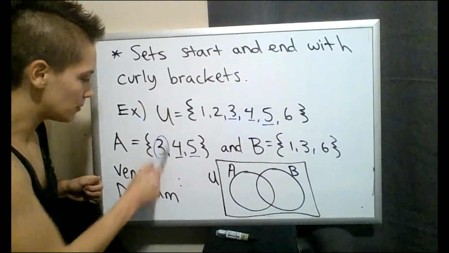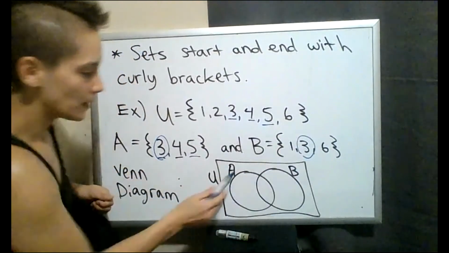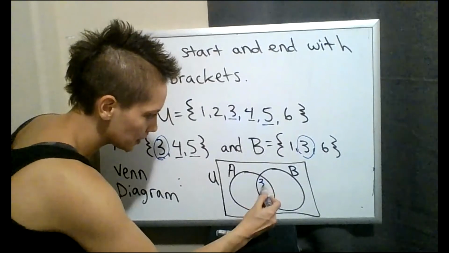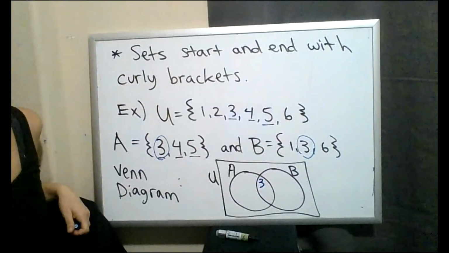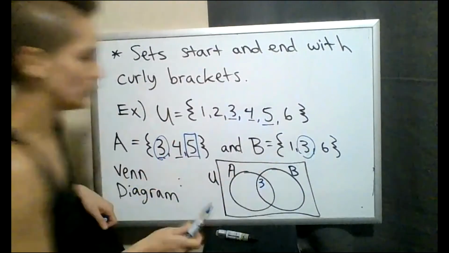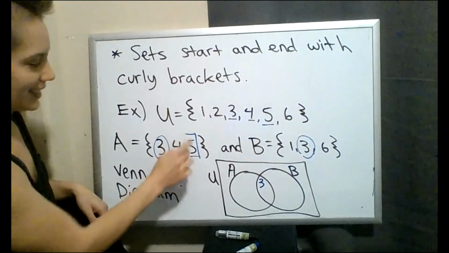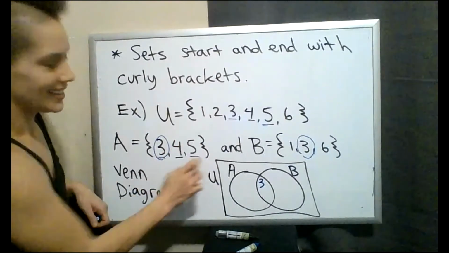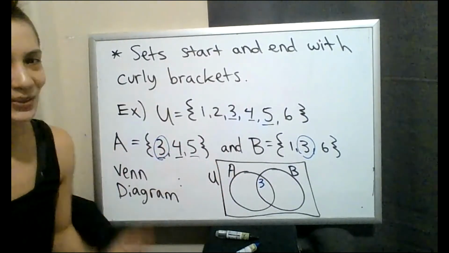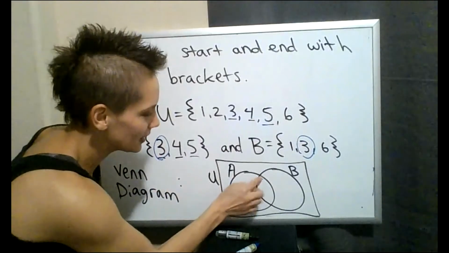So 3 is in both, so it's in A and B, which means it goes in the overlap. 3 is the only element common.